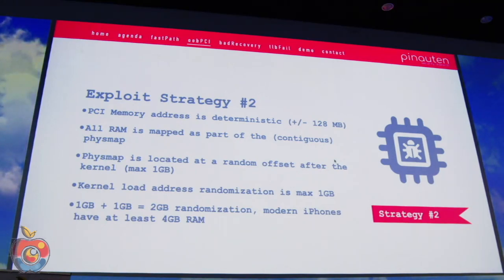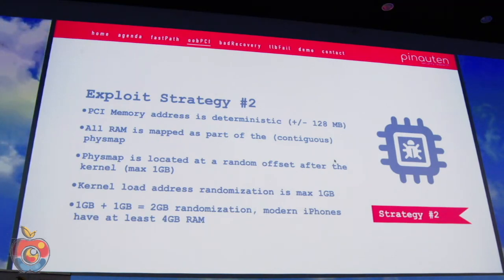Additionally, we know that in the XNU kernel, all RAM is mapped as part of the contiguous physmap. The physmap is located at a random offset after the kernel, and this offset can be up to 1 gigabyte. The kernel load address itself is also randomized up to 1 gigabyte, which means that we have 2 gigabytes of randomization for the physmap, but the problem is that modern iPhones have at least 4 gigabytes of RAM.